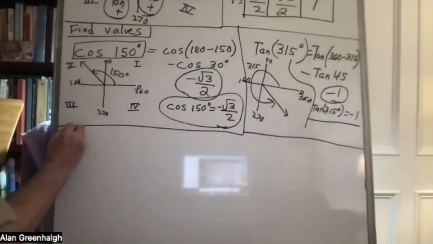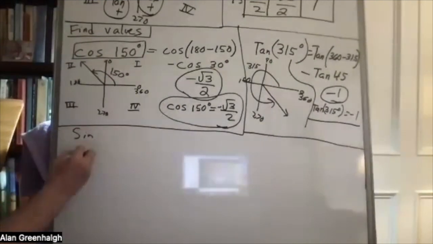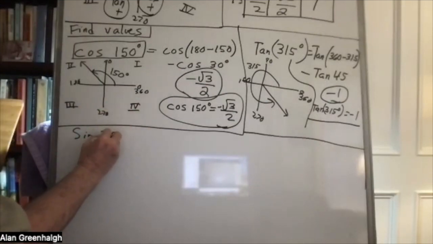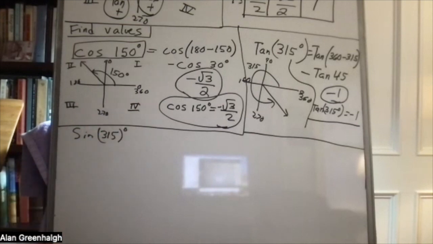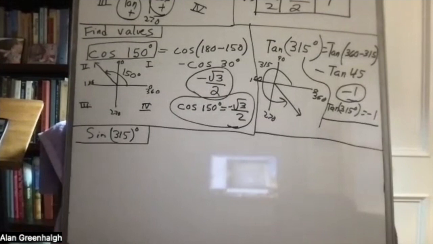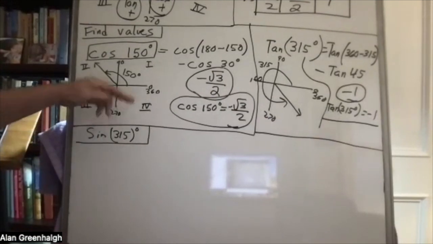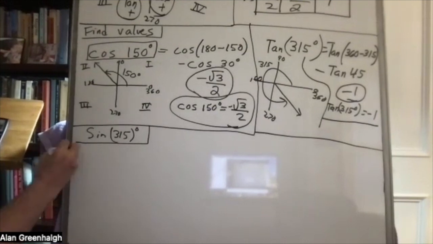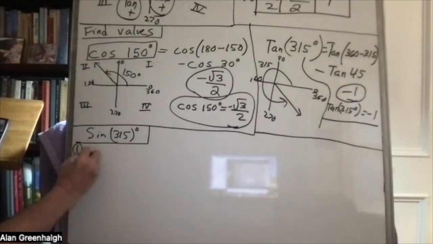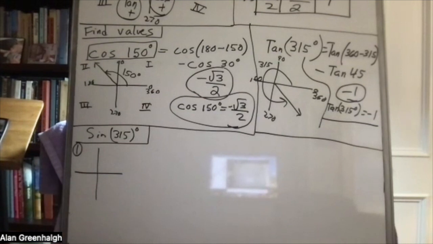Okay, so let's do the sine of 315 degrees. I'm going to give you a chance to try it. This is the goal, to find the exact value. Step 1, sketch the angle of 315 degrees.